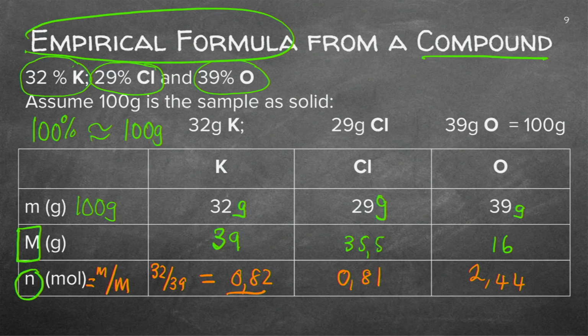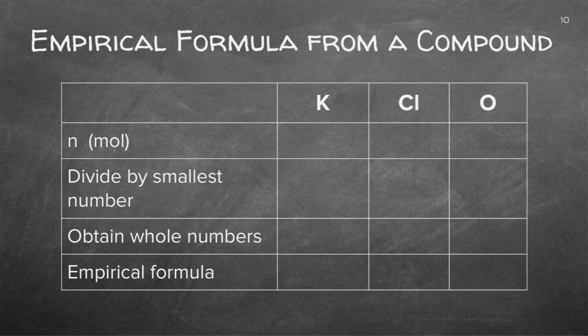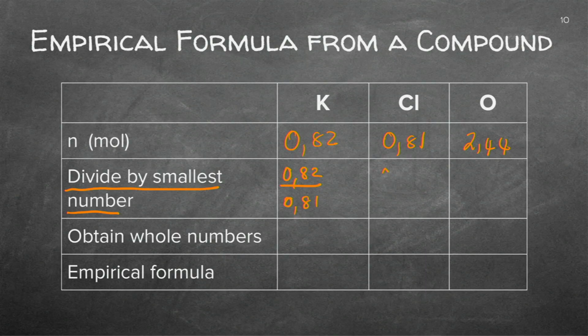I want to get whole numbers. So let's go and do that. I've got 0.82 here, 0.81 here, 2.44. And to get a whole number, I'm dividing with the smallest number. And in this case, the smallest number will be 0.81. And that's almost 0.82.